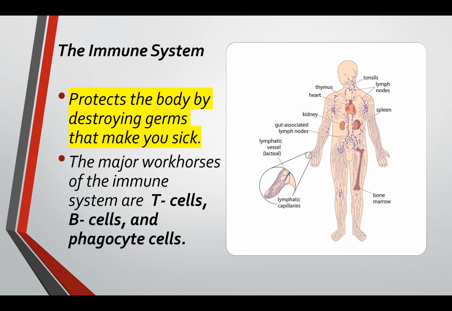Okay, so those are the major workhorses of the immune system. Again, what is immune system? Can you answer me? Number 26, Natapon. Natapon, what is immune system?